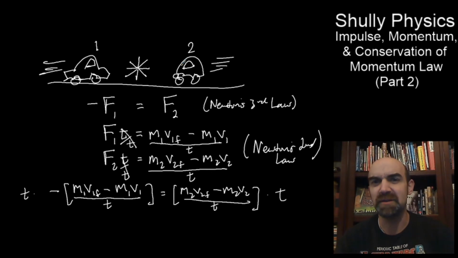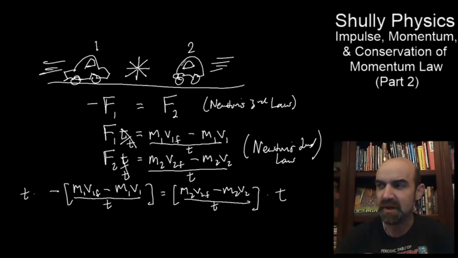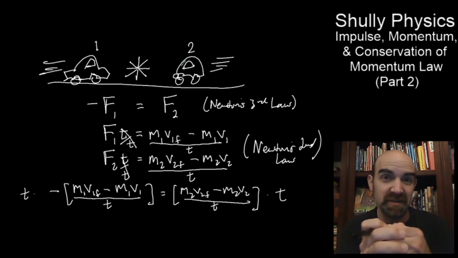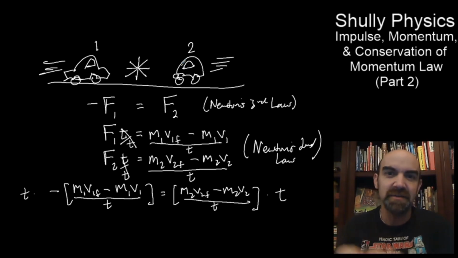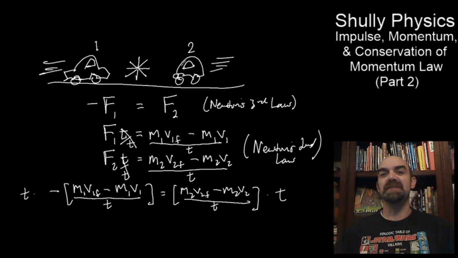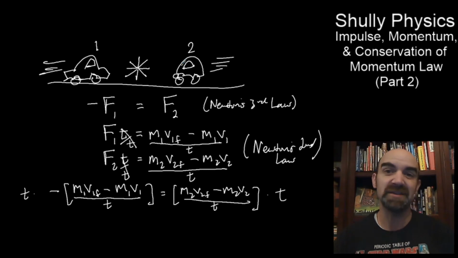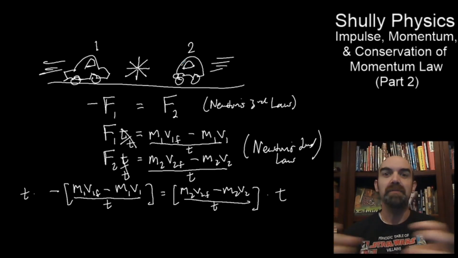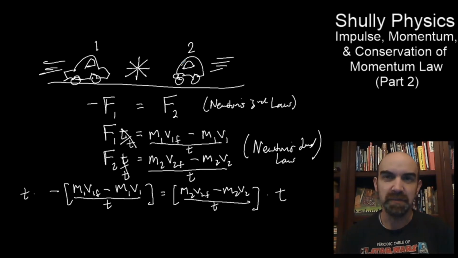But there are two kinds of collisions. There's an inelastic collision, and that's the kind of collision I was just talking about, where two things come together and crumple and they stick together. That's an inelastic collision. And then there's an elastic collision. An elastic is like an elastic rubber band, an elastic bouncy ball, a bouncing kind of collision.